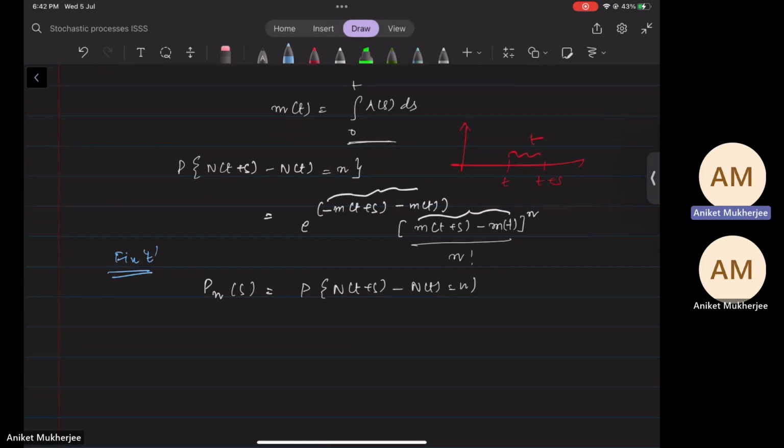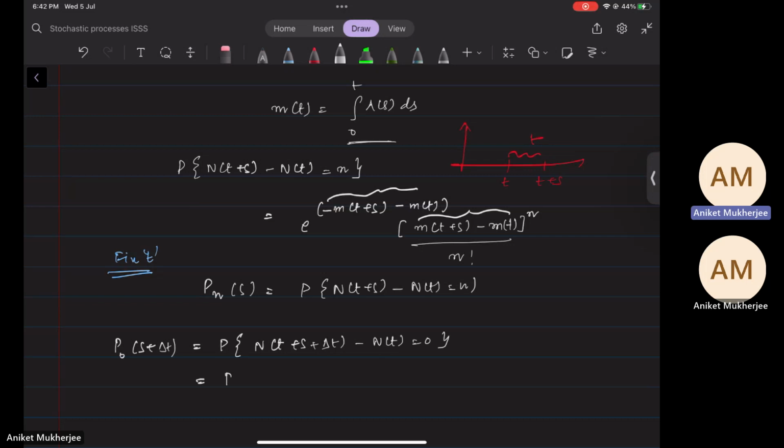And you actually go through the same expressions again. So first we'll find P_0(s + h), which is equal to the probability that the number of events occurring in a small interval Δt, N(s + Δt) − N(t), equals 0.